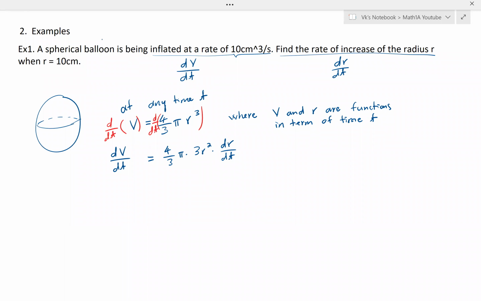It asks us to figure out dr over dt. So from here we see that dr over dt is dV over dt divided by 4/3 pi times 3r squared.